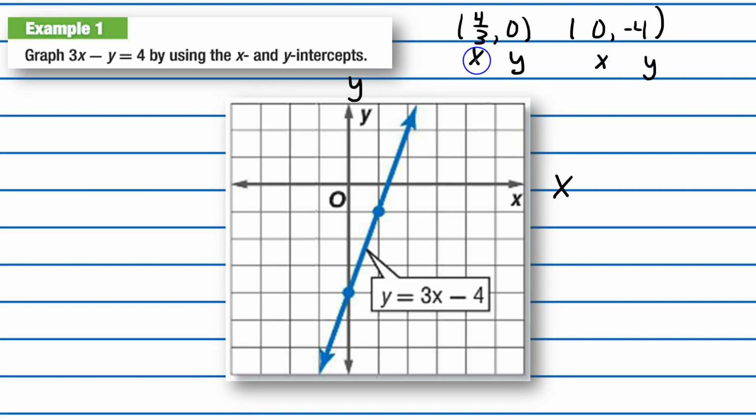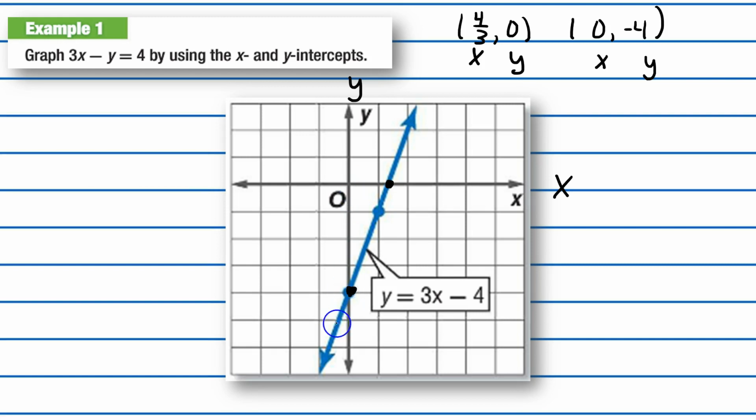X tells us left or right. So left 4/3, which is about 1 1/3, and up or down 0. So there's our point. And then for this one, we have 0, which tells us for our x, left or right, but it's at 0. And -4 tells us up or down. In this case, it will be down, which is right here.